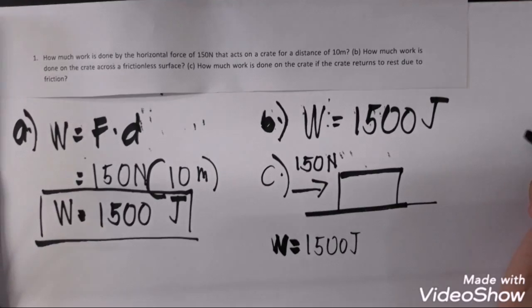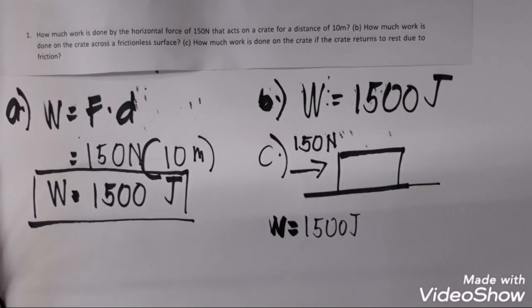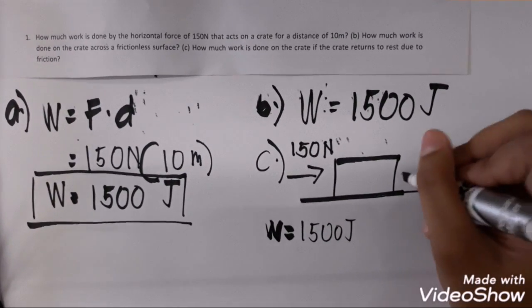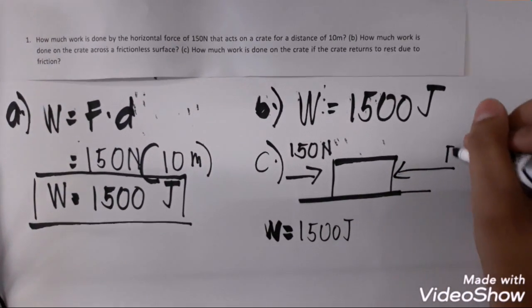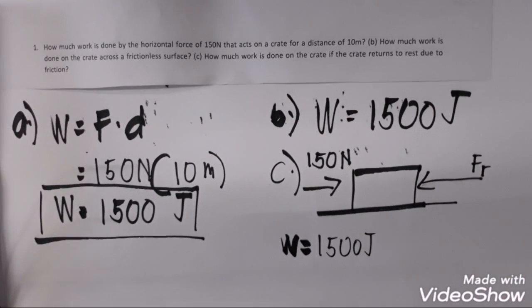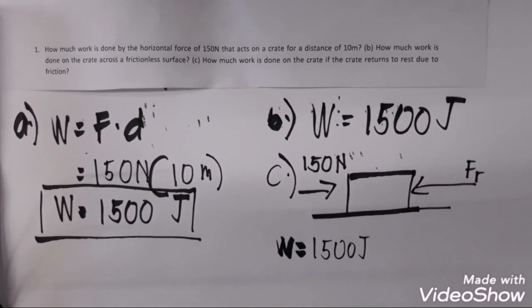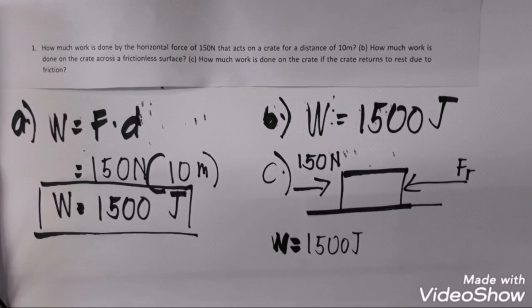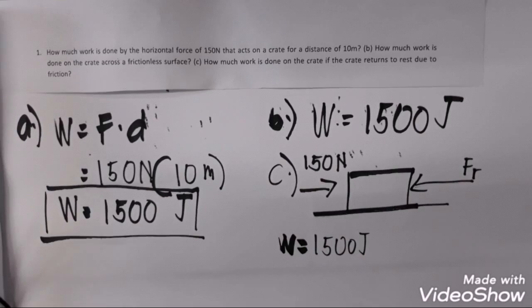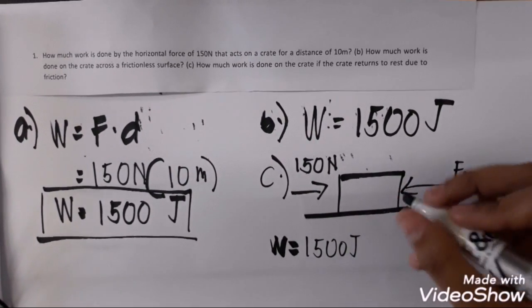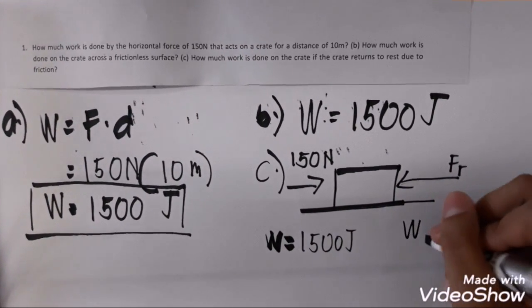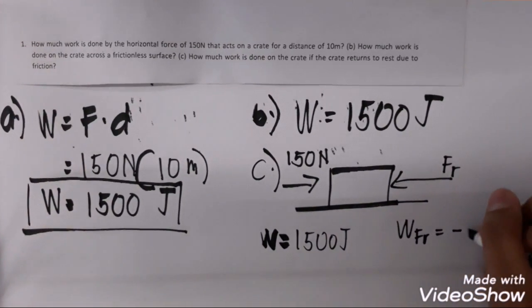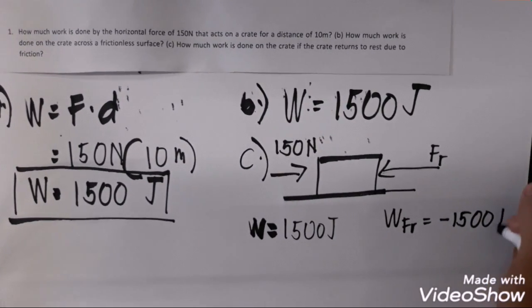Now, if the crate goes to rest, that means there's a frictional force that's acting on it. Friction tends to slow things down, and so the energy that was transferred by the force was eventually transferred to friction because friction brought it back down to rest. So the work of friction is equal to negative 1,500 joules.